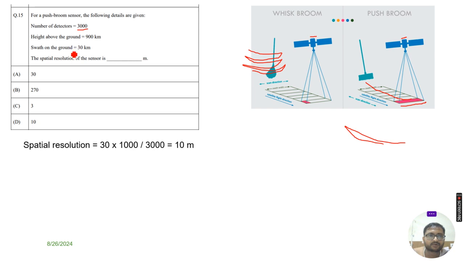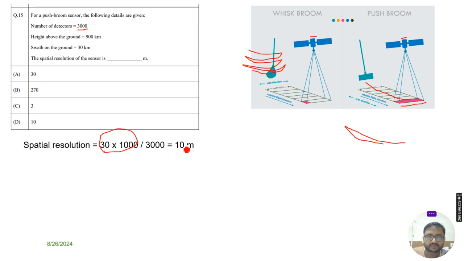So we take 30 into 1000 and divide it by the number of sensors. There are 3000 sensors mounted on this satellite, covering 30 kilometers. If we divide 30 kilometers by this number of detectors, we get 10 meters. Is it correct? Did you get the point?